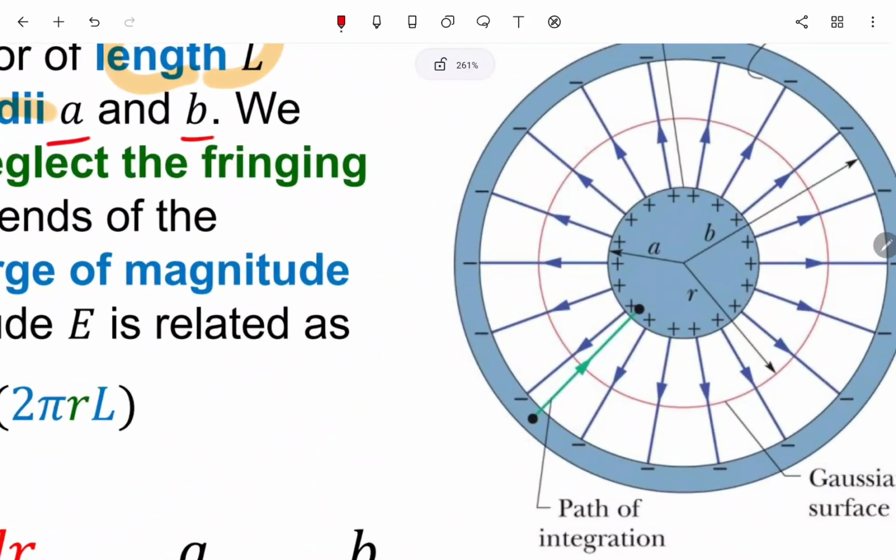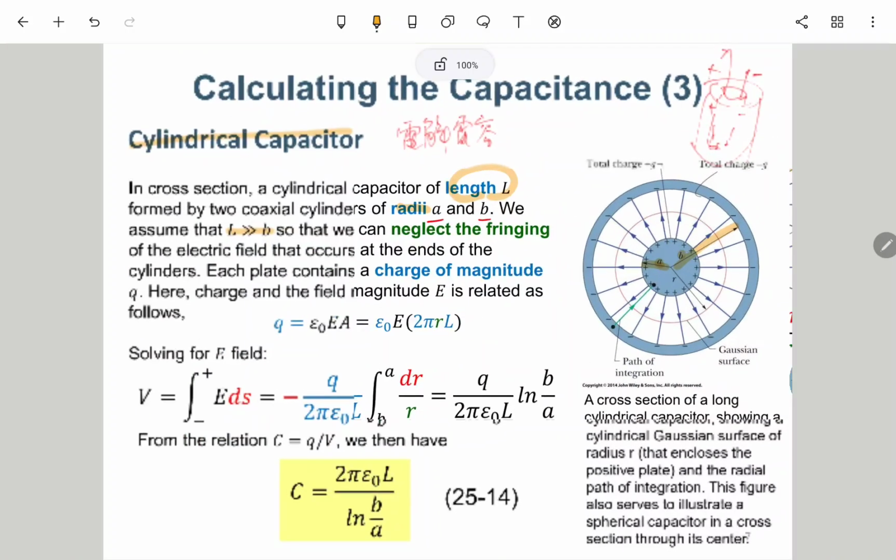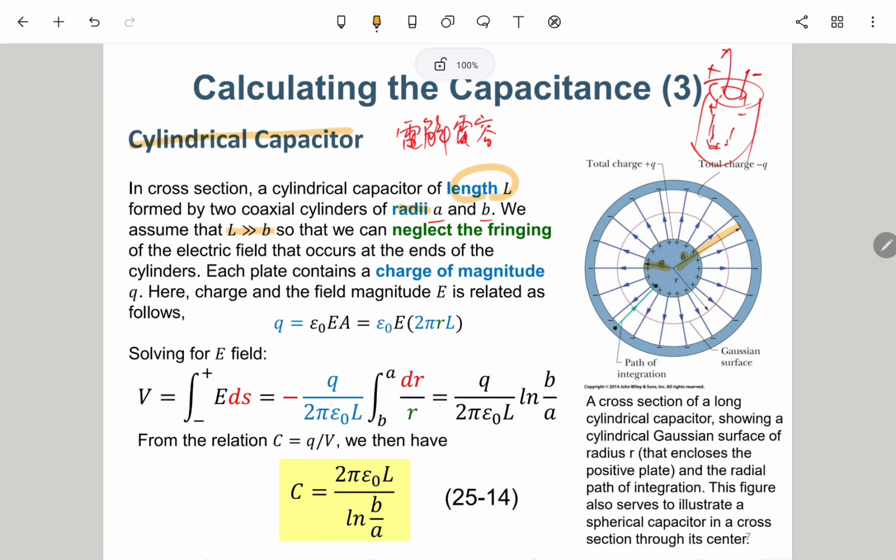So this is a cross section, this a is this one, and this b is the outer radius. We assume that L is this part. L is much larger than b, so this is quite long.